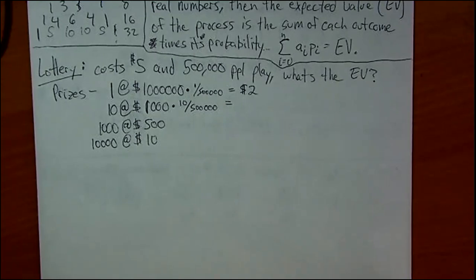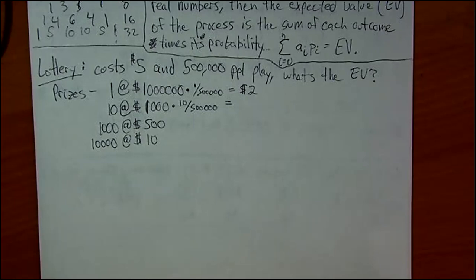So maybe there's a big bucket of tickets, and they pull out a ticket and then throw it back and mix them back up and pull out another one. So I think you can win multiple prizes in this game, which I guess is different than the way most lotteries work. Would it still work the same way if you could only win one prize?